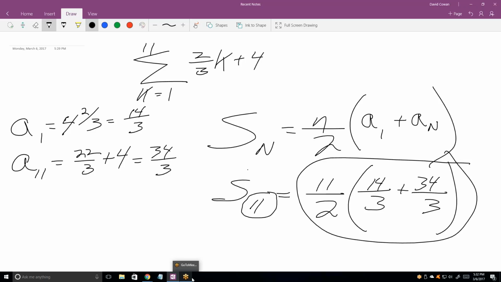So this subscript, when they want partial sums, in other words, this could go to infinity, wouldn't matter. Even if it went to infinity, they might want to know what S sub 11 is. But before I can answer that, I need to know what A sub 1 is and A sub 11.